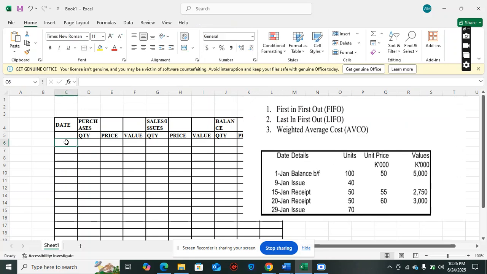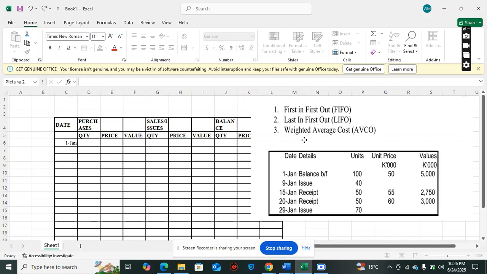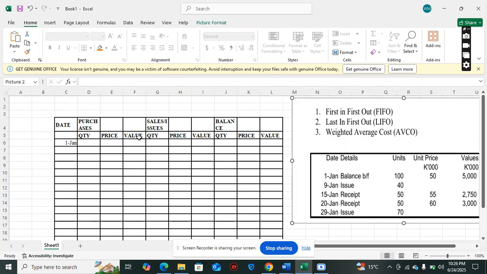So, 1st January. Oh, this is the store's ledger. I forgot to mention, this is the store's ledger, and it is going to help us with the inventory valuation.